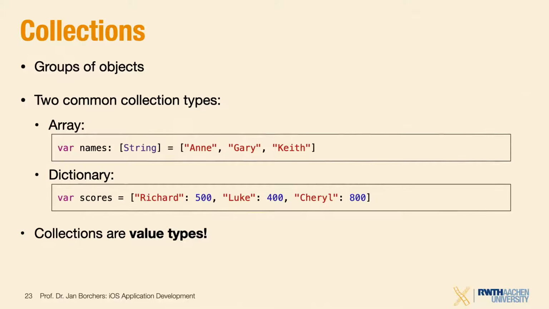Dictionaries are also a collection type. Dictionaries you probably know from other languages, right? They are basically just collections of key-value pairs. So you've got a key, in this case a string, and you've got a value, in this case apparently an integer. As you can see here also, we're not actually specifying the base type. It is just derived from the initialization that we're doing in the code.